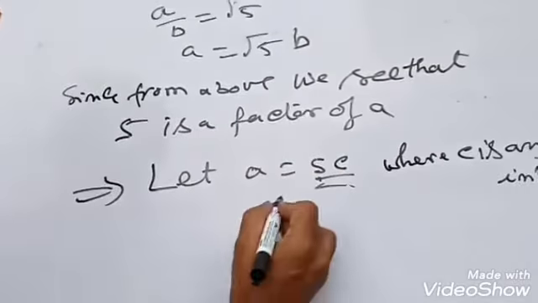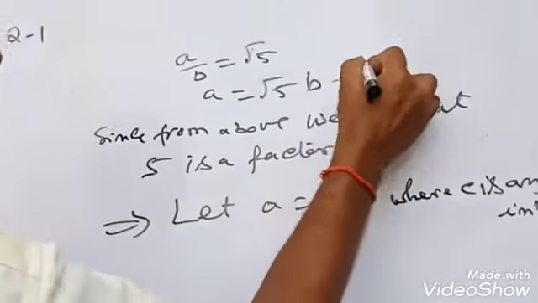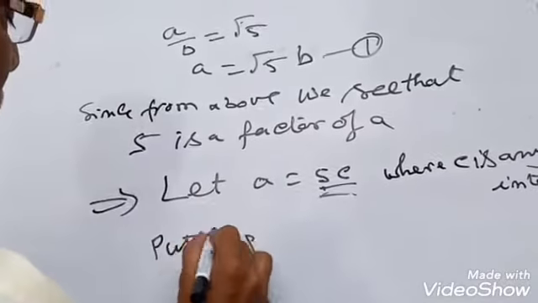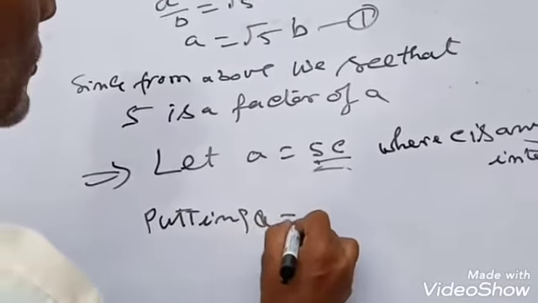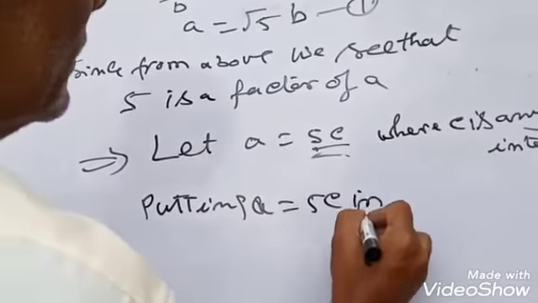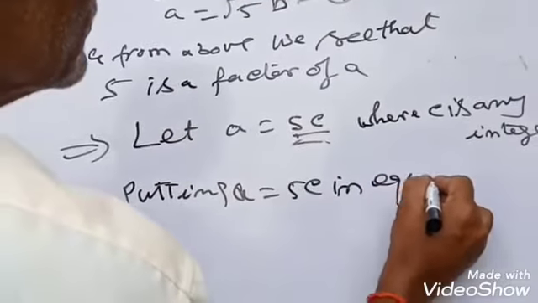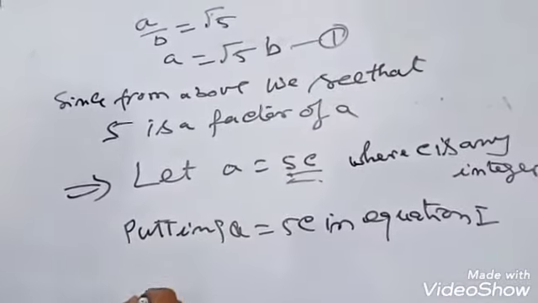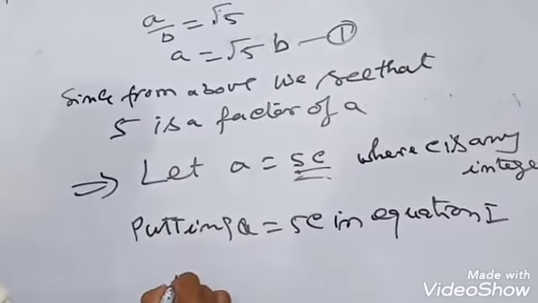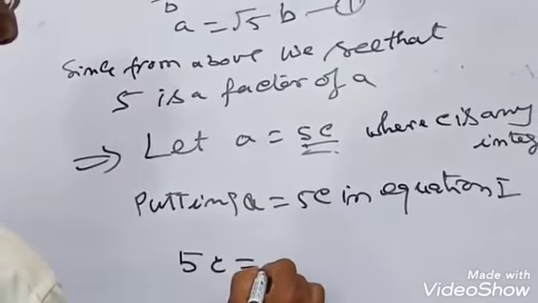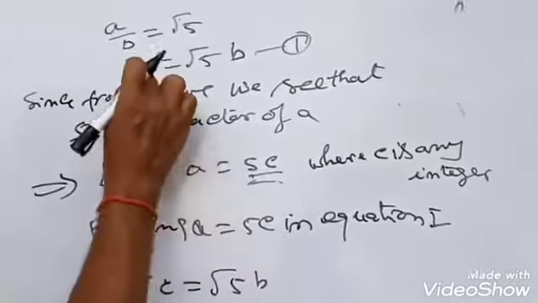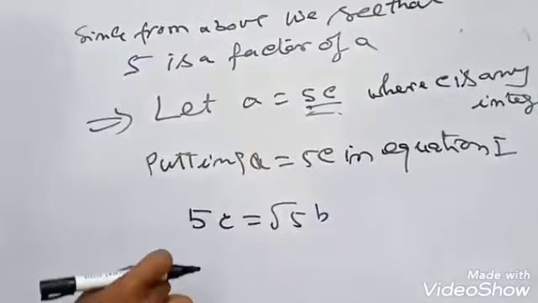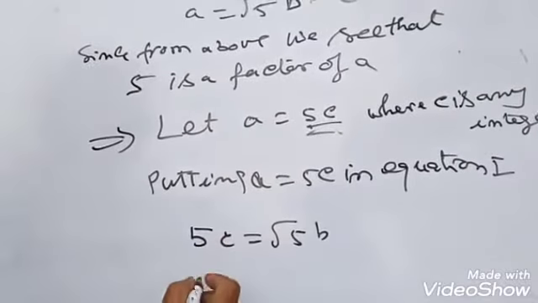Putting a is equal to 5c in equation 1, we get 5c is equal to root 5 b.